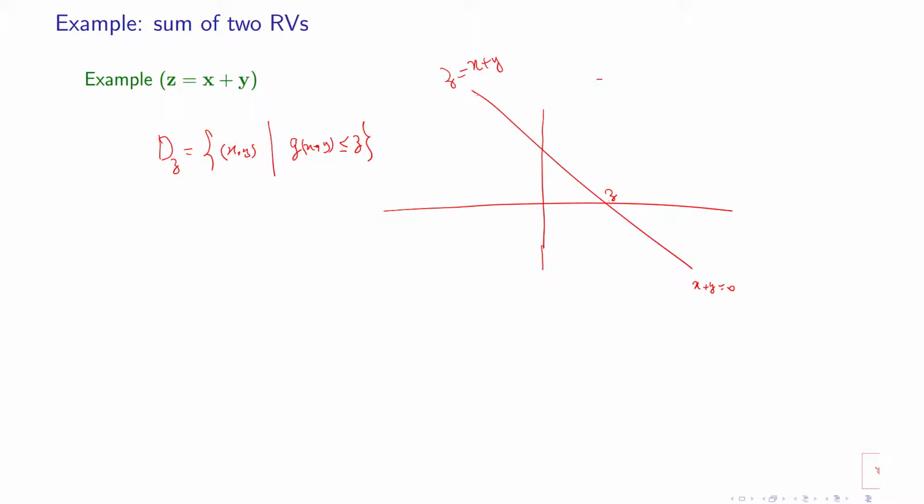Basically for this example, x plus y shall be smaller than or equal to z. This line, where x plus y is exactly equal to z, is included. The points below this line satisfy this inequality. So this yellow area, any point below this line, is in Dz.